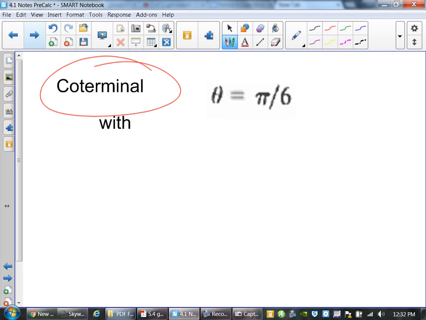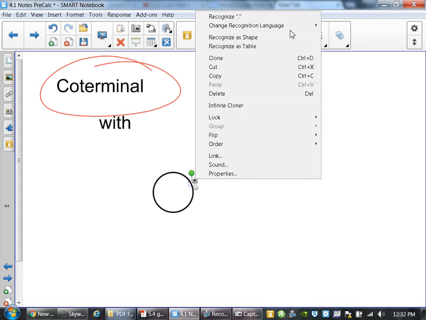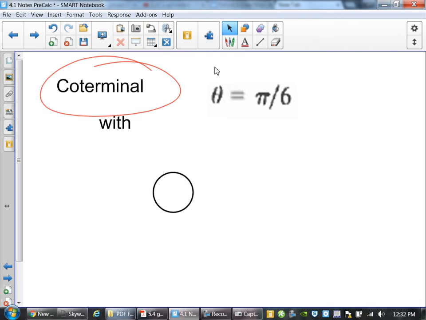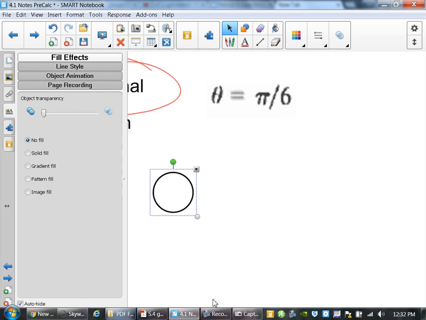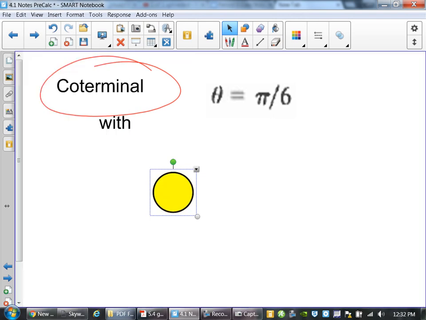Have you ever played Pac-Man? Oh, I love Pac-Man. Yeah, I have actually. Okay. So with Pac-Man, oh, here we go. It's a triangle.